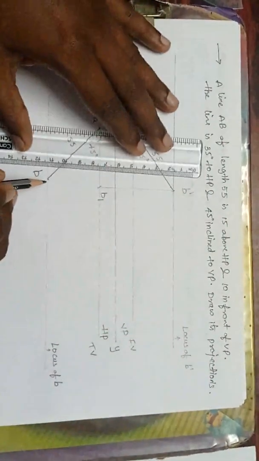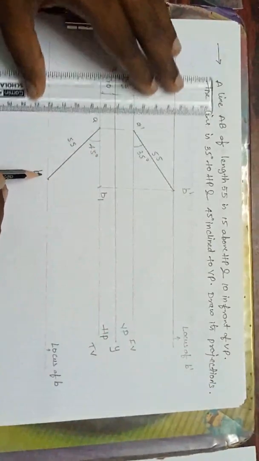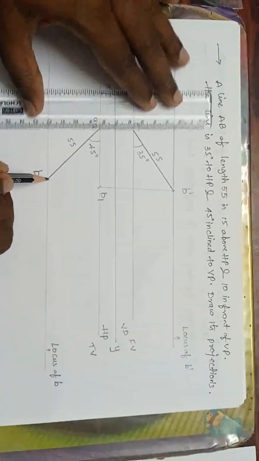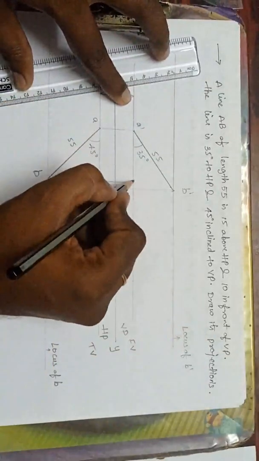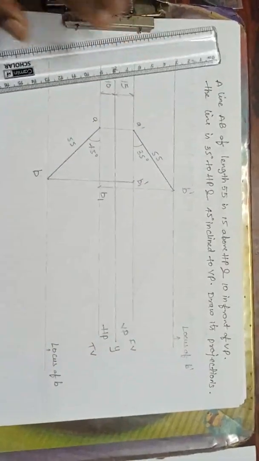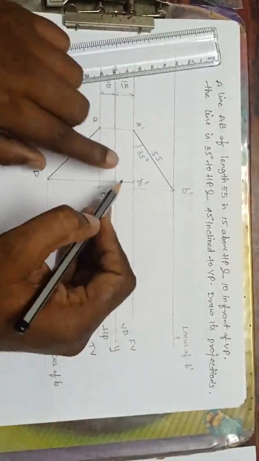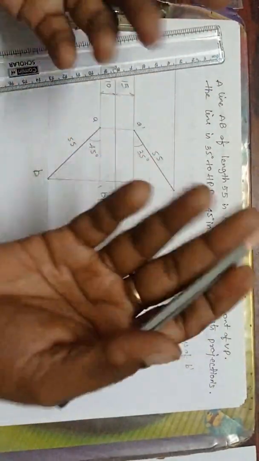Next, from this B, I'll draw the perpendicular line up to A dash. See here, A dash. Now, I'll consider this is B1 dash. You have to listen very, very carefully. This is B1 dash. Now, what he said, this is actually inclined, not the straight lines.